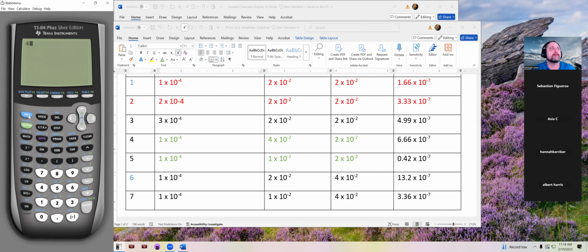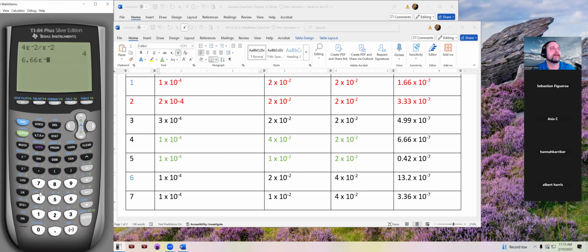We should see that this was 4 times as much. And since the rest of it didn't change, I can compare it to this one. So we're putting number 4's value on top, so 6.66, and we're going to divide that by this value.